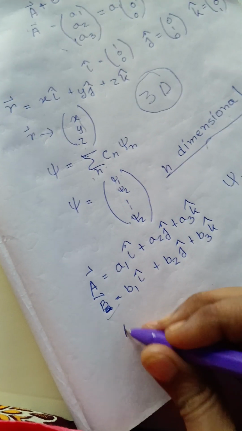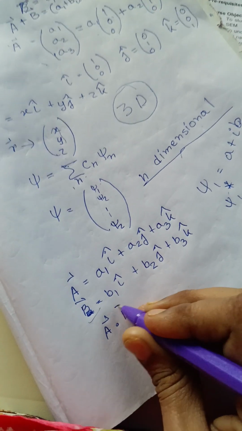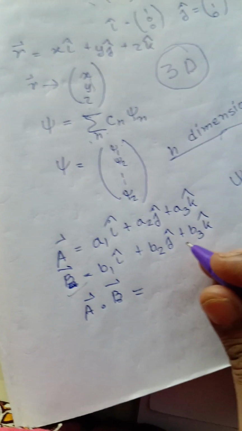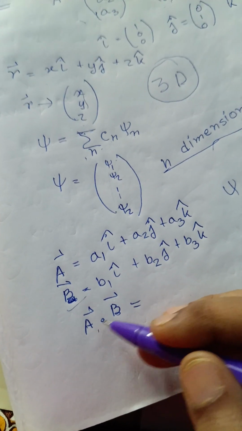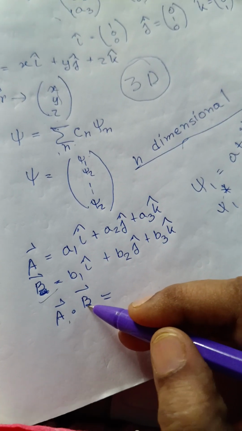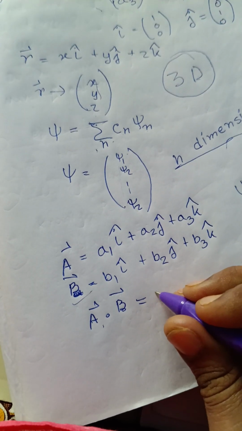Now if we take the dot product of these two vectors, I don't know whether you know about dot product or not. If you don't know, then just understand that the dot product of two vectors will be a scalar quantity. And what will be the value of that scalar quantity?